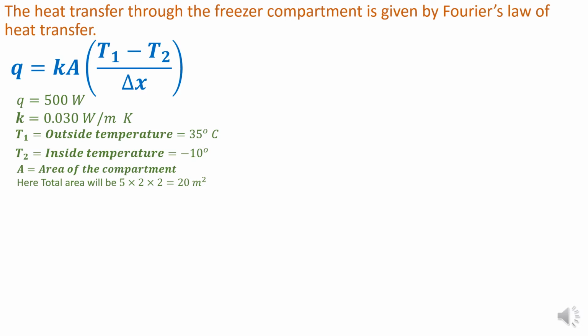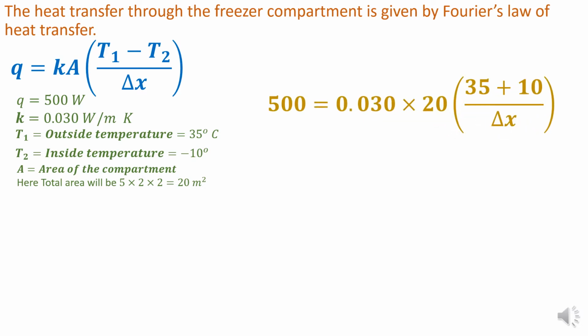We have the value of Q, k, T1, T2 and A. We will put all these values in the equation of Fourier's law of heat transfer, and it comes out to be 500 = 0.030 × 20 × (35 + 10)/ΔX.